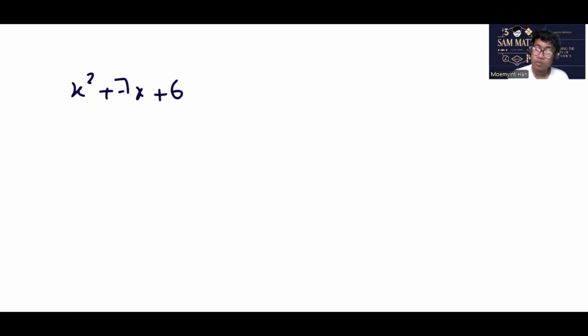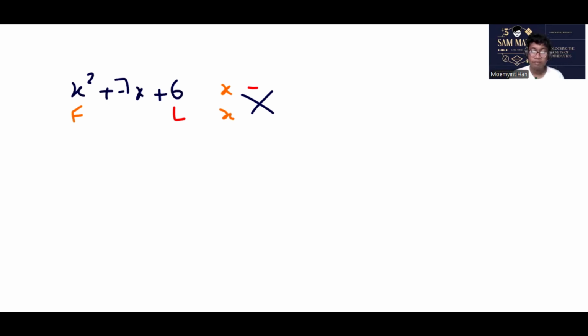So the first terms should be x and x, as the only way to make x squared is just using x and x. The last terms should be six and one. Why do I use six and one? For an obvious reason. The only way to make a positive is just using two positive numbers, and then six and one.